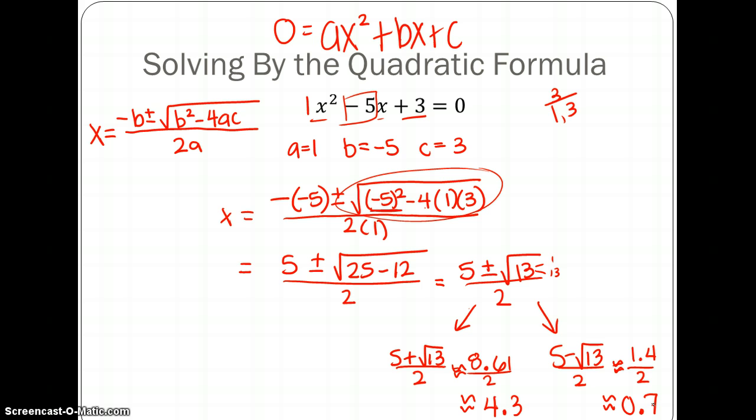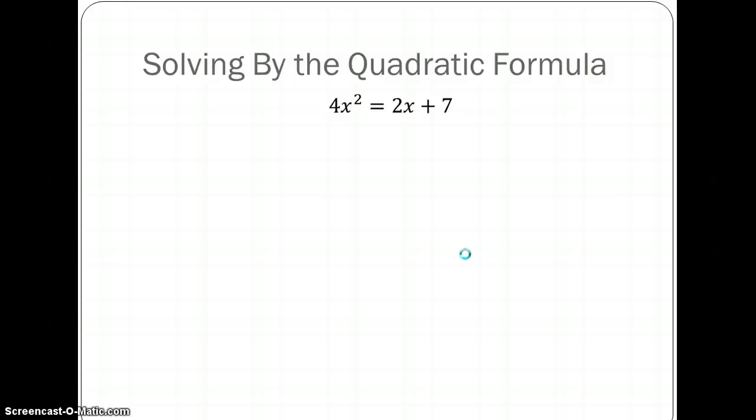So those were our approximations, but I would prefer your answer with the simplified square roots. So let's look at one more here together for right now.